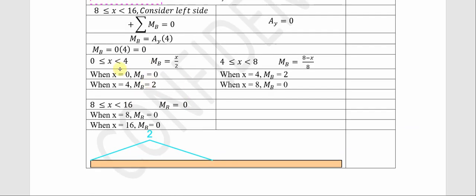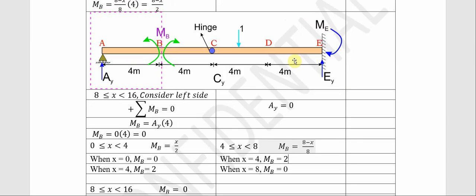So what we're going to do is put each value at s equals to 0 and 4. When it's 0, it is 0. When it's 4, it will be 2. Now we have 8 minus s over 2, and we consider from 4 to 8.